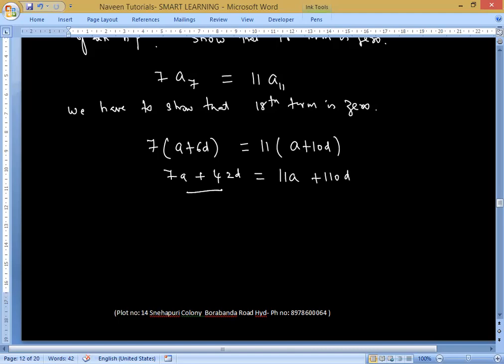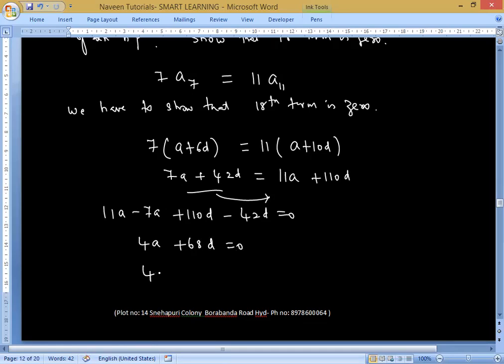So I'll move all the left hand side values to the right hand side. 11A minus 7A, then plus 110D minus 42D is equal to 0.